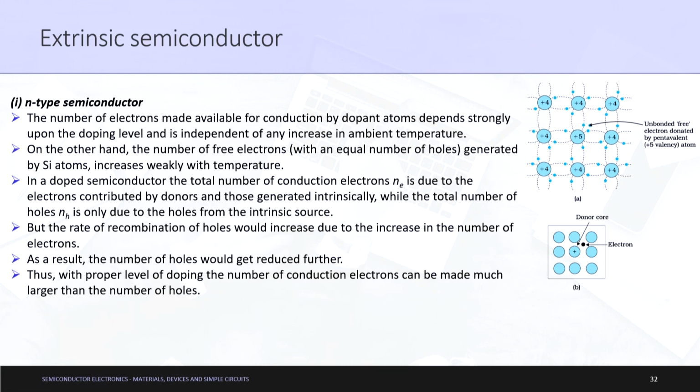Okay. So, the number of electrons made available for conduction by dopant atoms depends strongly upon the doping level and is independent of any increase in the ambient temperature. What does it basically mean? Please understand this line very carefully.